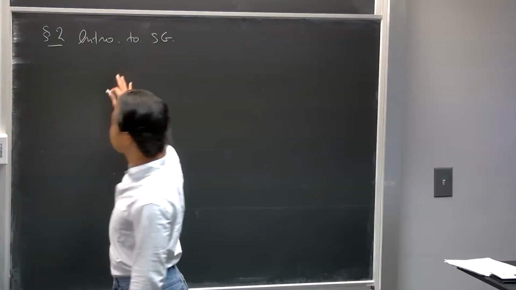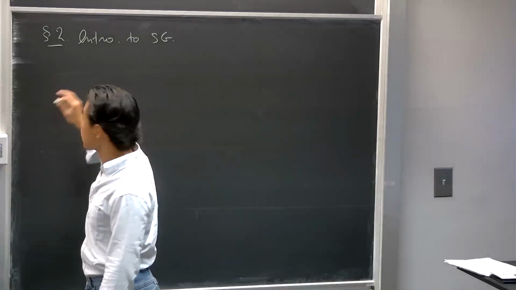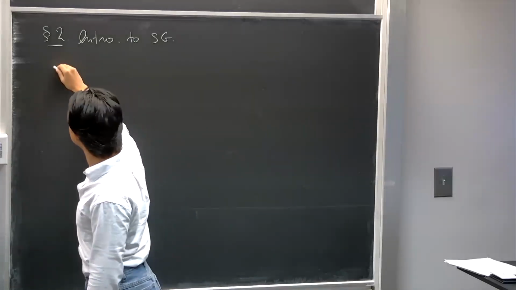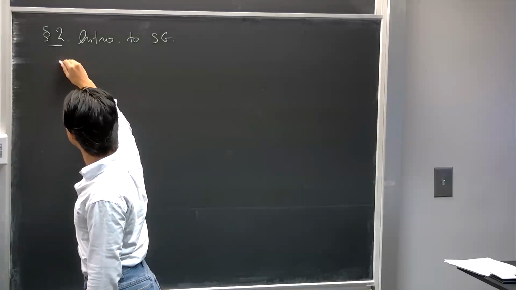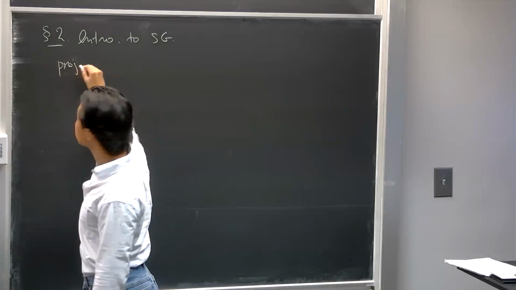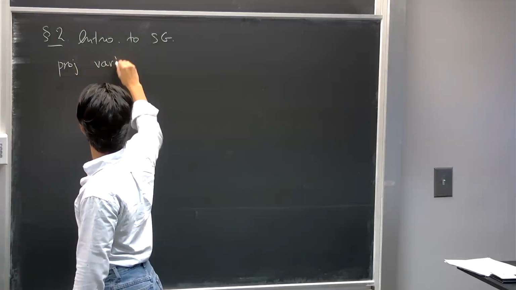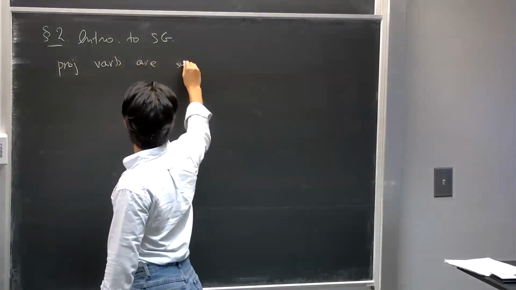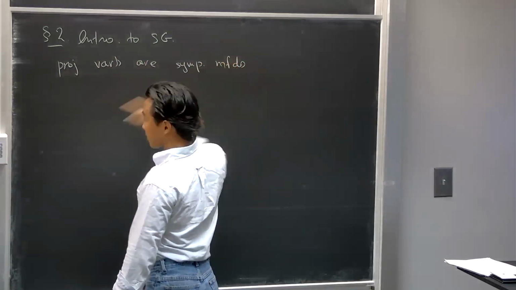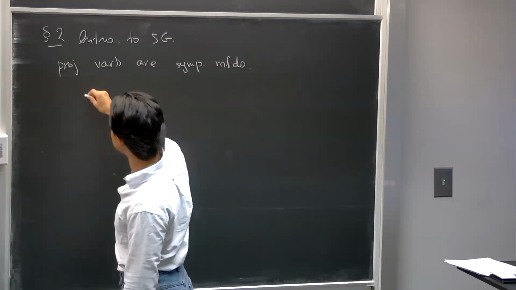So I'll try to explain how this is related to symplectic geometry for the algebraic geometers, especially. So first of all, important thing is that projective varieties are symplectic manifolds. And why is it?